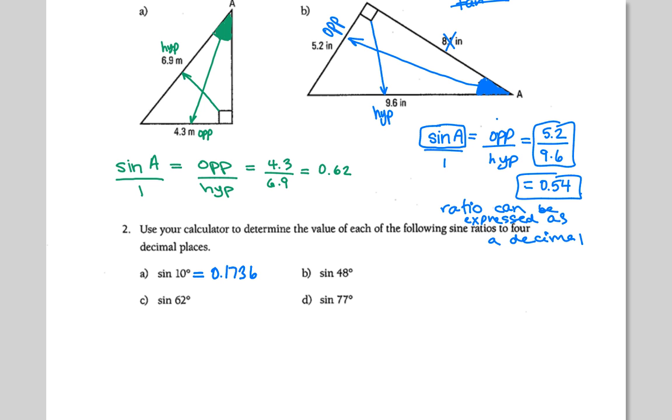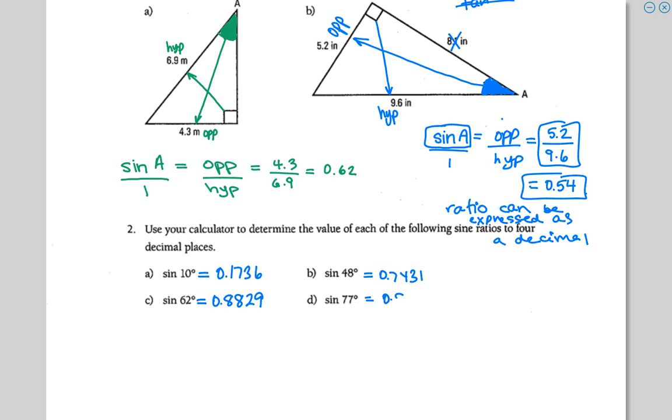Sine 62, 0.8829. Sine 48, 0.7431. And sine 77, 0.9744 after rounding. So if you're not getting those, your calculator is probably in the wrong mode and you need to seek assistance.